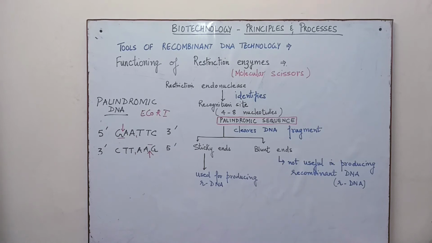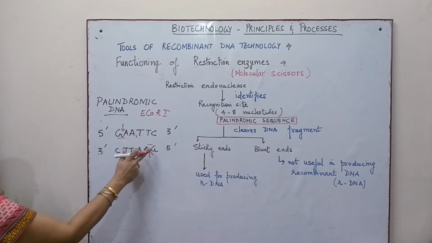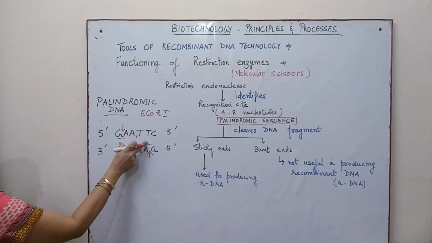Now the restriction enzymes normally recognize short palindromic sequences. Now this actually creates uneven cuts, and they create the sticky or cohesive ends. These are known as sticky or cohesive ends.